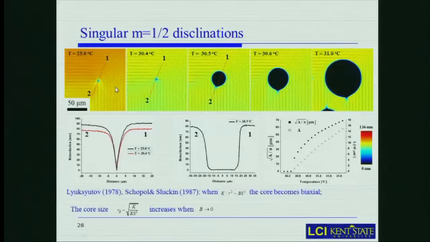A very interesting feature is that the core, the distance over which the properties of the liquid crystal change, and at which the liquid crystal, if you wish, melts and acquires a more complex configuration, as was shown by Sluckin and others. In this regime, you have biaxial nematic phase, effectively.